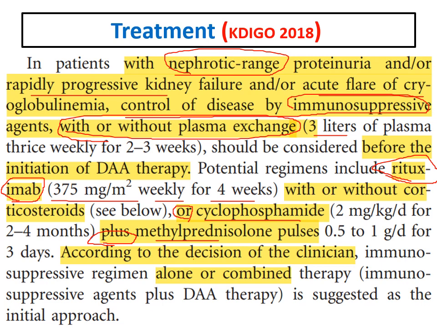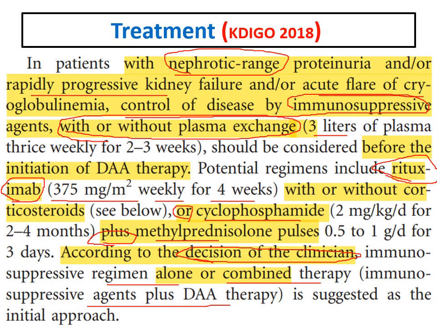The decision is for the clinician to use immunosuppressive alone or combine immunosuppressive plus direct antiviral therapy. Direct antiviral should be used, but the controversy is about the timing of starting direct antiviral drugs.